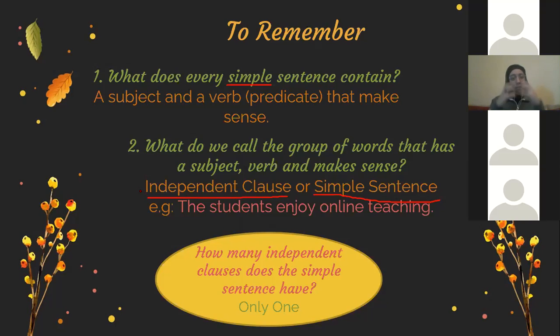The same for the sentence. It has a complete subject, complete predicate, and complete idea, so it doesn't need help from anyone or anything else. It doesn't need added words. So it is an independent clause. We call it independent clause or simple sentence. It's very simple.